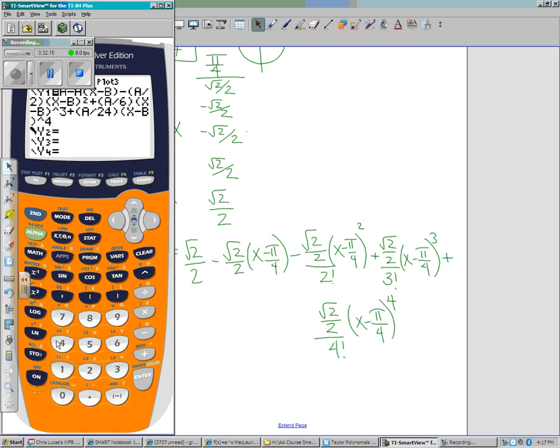Okay, so that's the Taylor polynomial that we think approximates the function cosine of x in the vicinity of pi over 4.